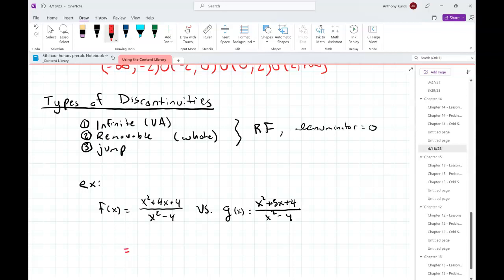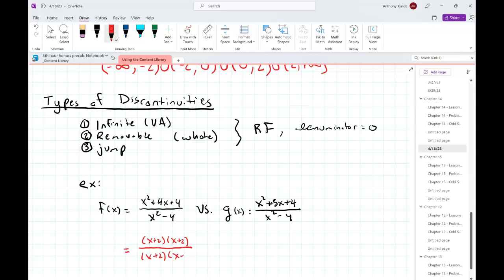So how do I factor x squared plus 4x plus 4? Excellent. Very good. Just shout them out if you know. And the denominator we already factored above.